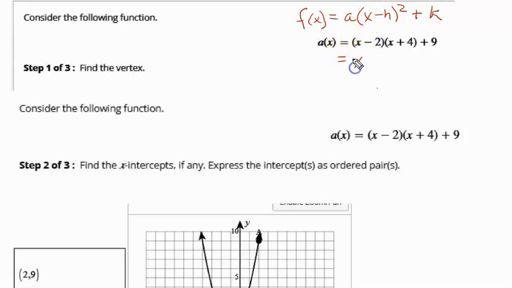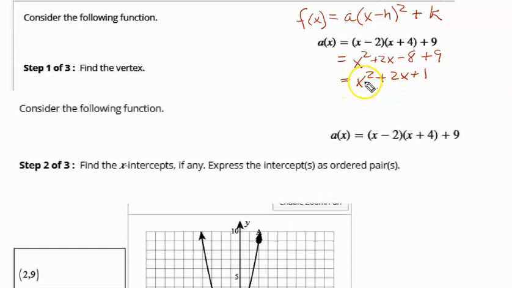This is going to be x squared. I'm multiplying these, foiling it, I get a positive 2x minus 8 plus 9. This then becomes x squared plus 2x, and simplifying this, plus 1.